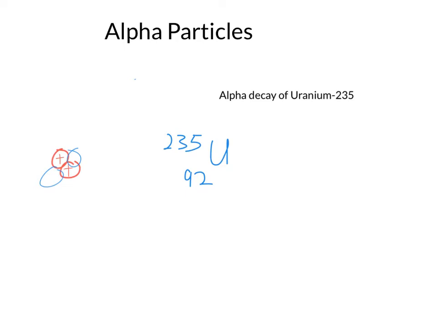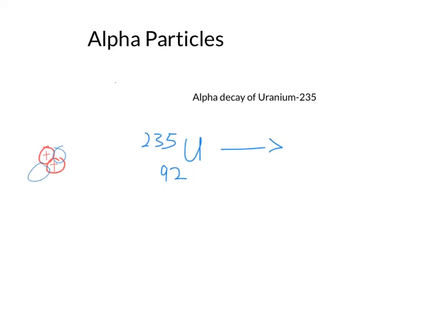Now, if we look at what's going to happen during alpha decay, a reaction is going to take place. So we have an arrow going one way to denote that reaction. Our uranium atom is going to lose 2 protons because it's giving off 2 protons as an alpha particle.